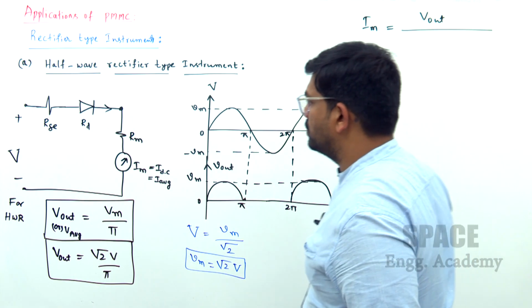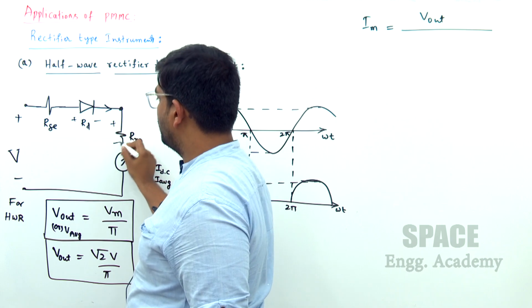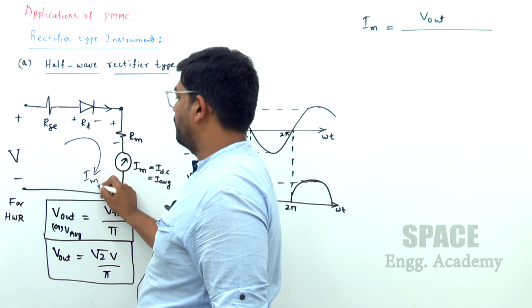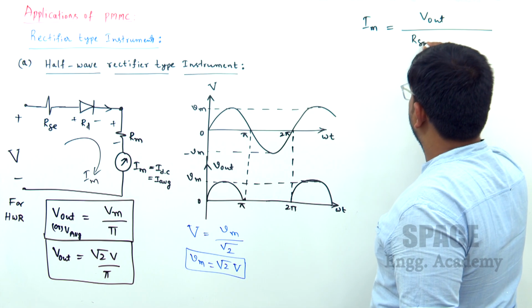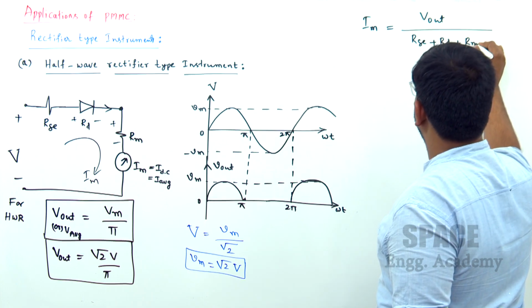The series resistance is there, meter resistance and diode forward bias resistance is there. This is our current Im when I write KVL, so we get series resistance plus diode resistance plus meter resistance Rm.